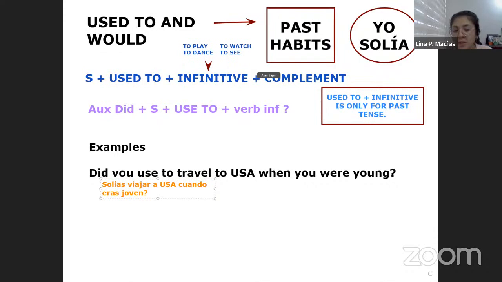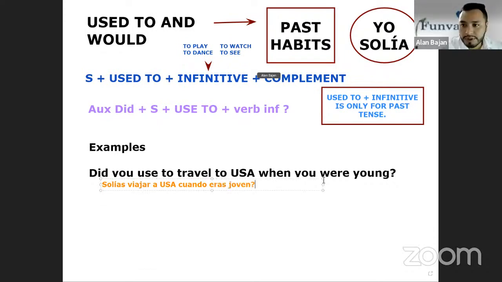Teacher, used with D? No, because you have the auxiliary did.